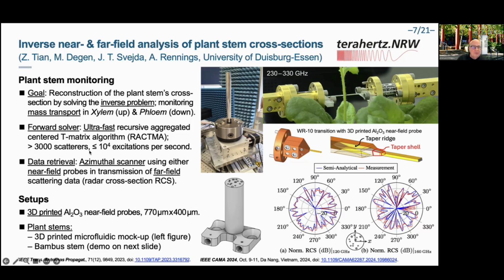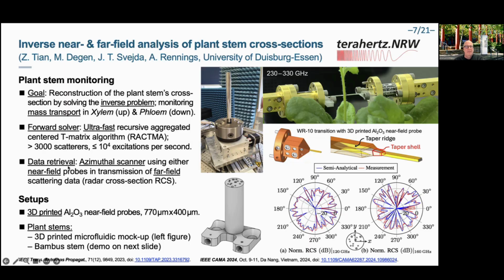And if the structure is introduced into the algorithm, then one can also analyze up to 10,000 excitations and detections per second. That means we can generate a number of far fields or scattered fields that is very useful if we analyze a tomography setup, as I will show in just an instant.